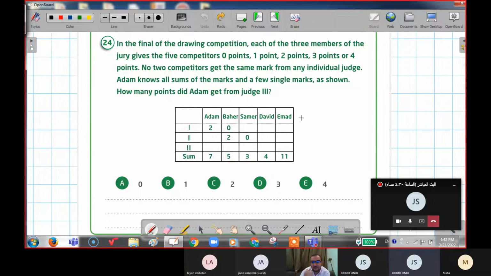First off, we can tell that Baher had 0 and 2 points. So in the third blank we're going to put 3, because that's what makes the sum.